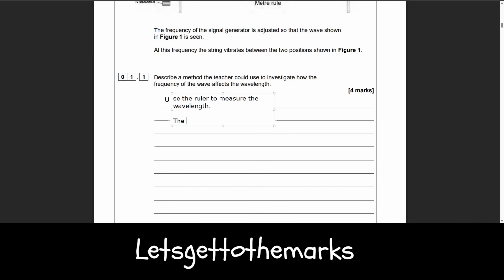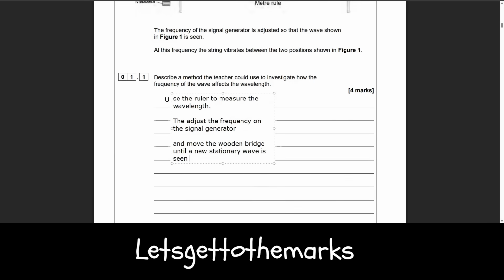Then adjust the frequency on the signal generator and move the wooden bridge until a new stationary or non-moving wave is seen at this frequency. Then measure the wavelength and record this.